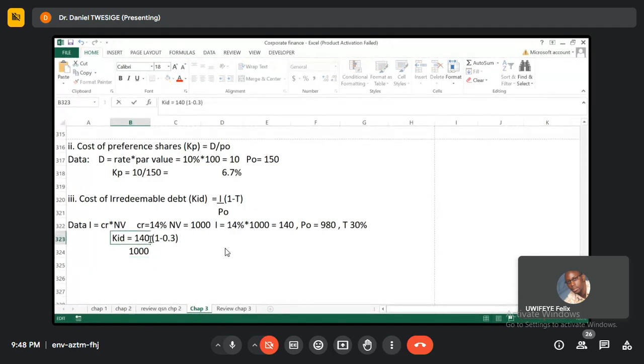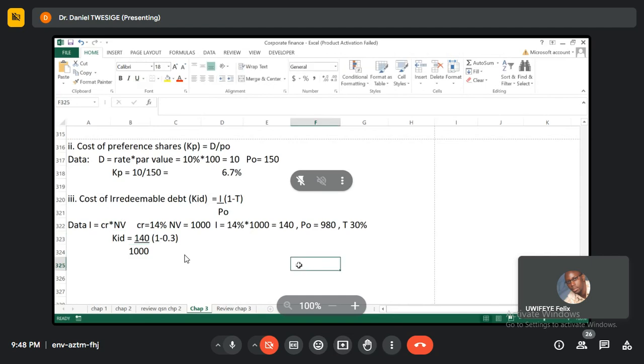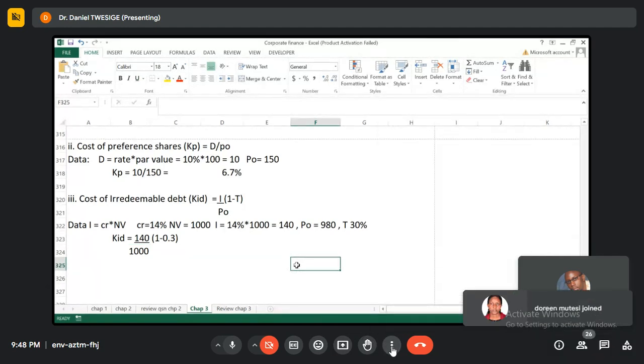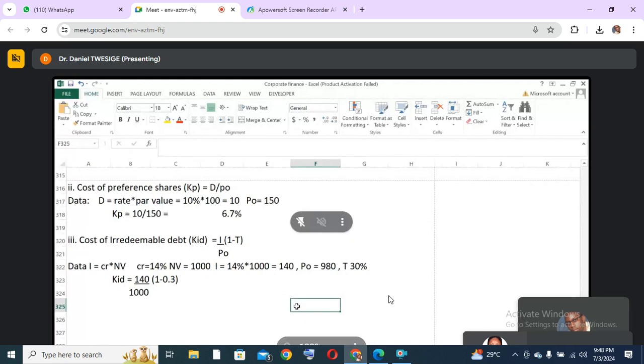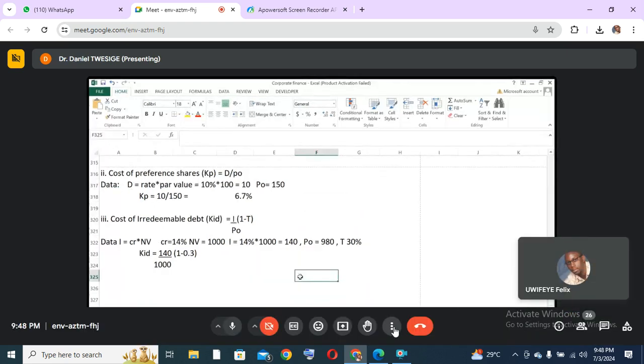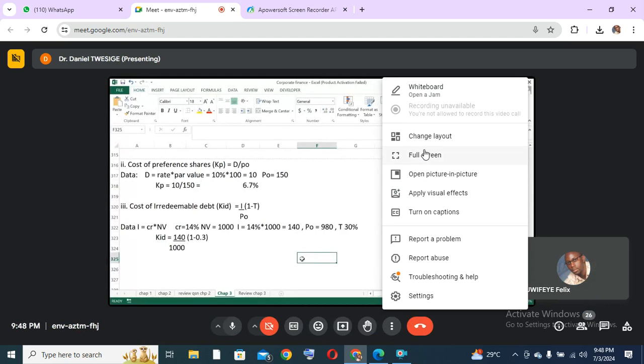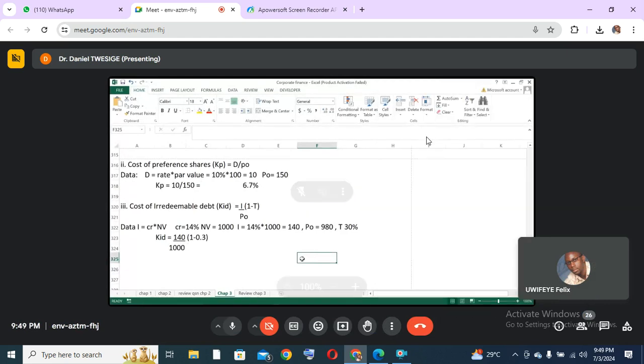Excuse me. I was asking, for me, I don't see the par value of the redeemable debt. If you remember when we were discussing this, we said the nominal value, these debts are in denominations of 100 or 1,000. Yes. That's what we said. Even if the question has not told you, by looking at the market value, you can know the par value.